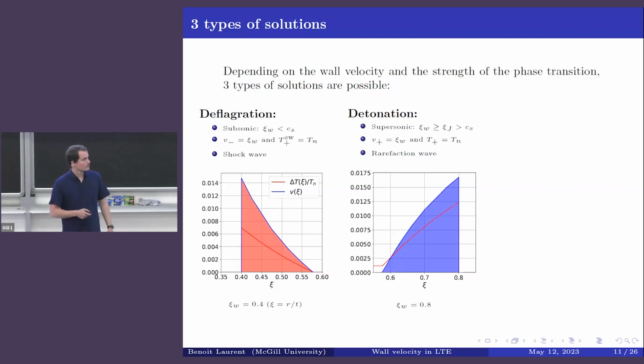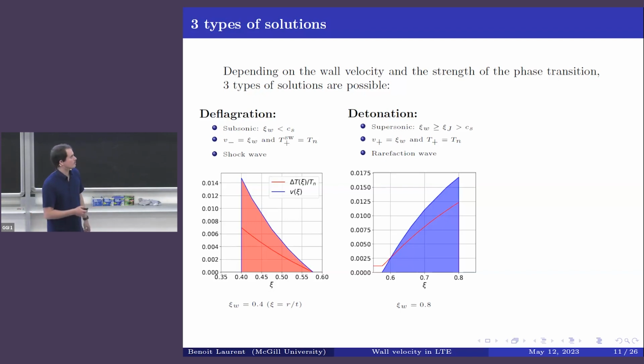Then we also have detonation, which is essentially the opposite. This is a supersonic solution. The plasma in front of it is at rest, but behind it, there is a rarefaction wave that propagates. And here, the smallest velocity that we can have for detonation is called the Jouguet velocity. The Jouguet velocity is always greater than the speed of sound, so detonations are always supersonic.